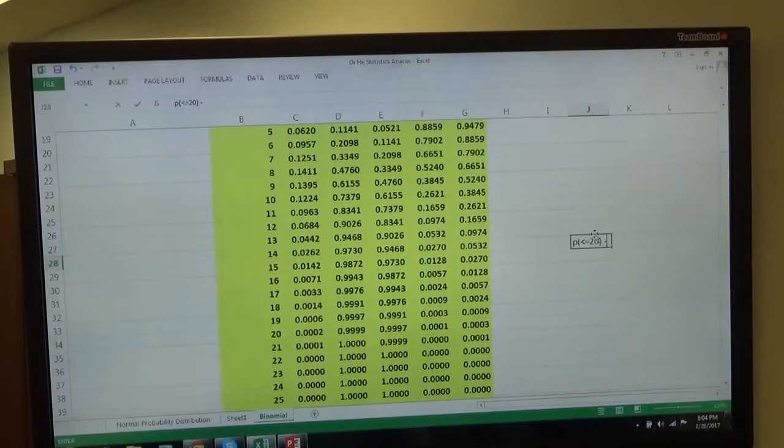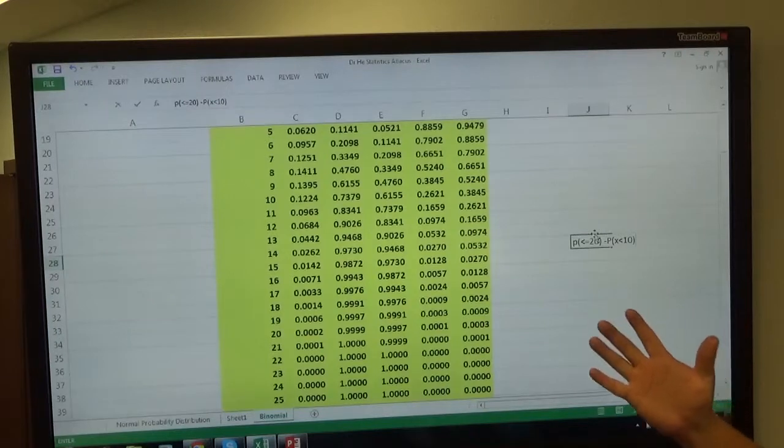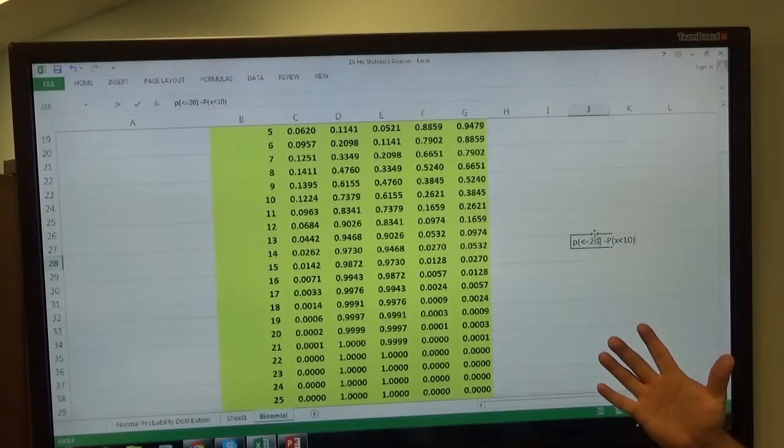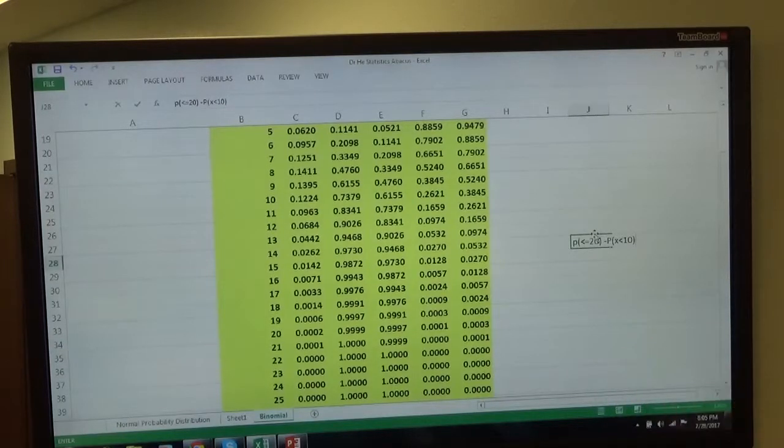And then minus what? The probability of x less than 10. Because we want to include from 10 to 20. Wouldn't it be more than 10 then? No, that's the other way.